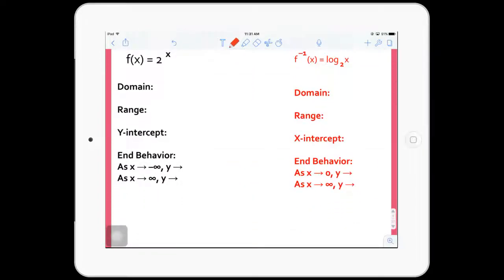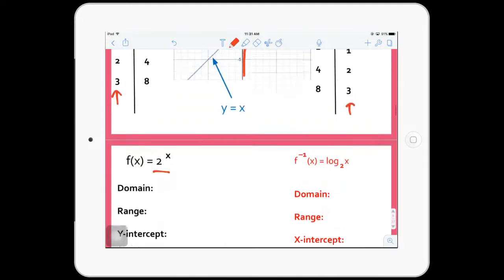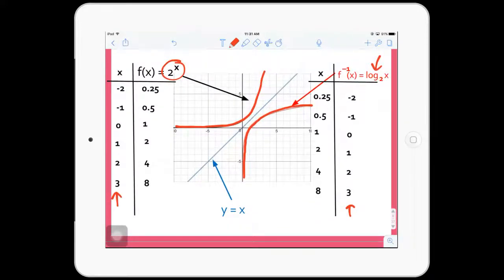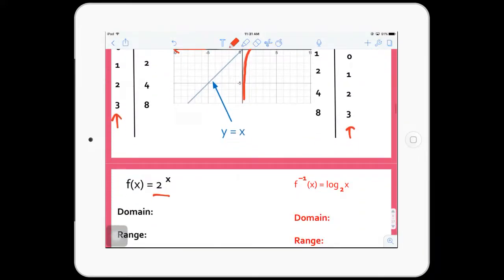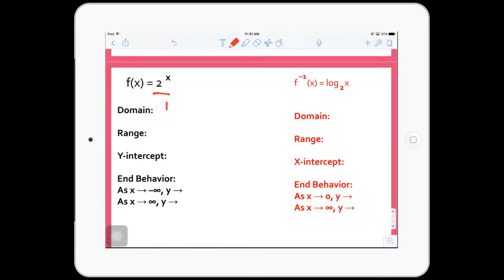On the left side, we have y equals 2 to the x, which is an exponential function. The domain, let's do a review because we're already familiar with the exponential function. The domain for all exponential functions is all reals, since it goes left and right and does not stop.